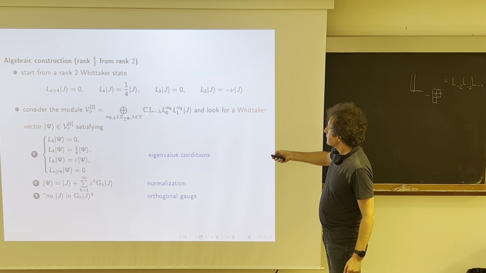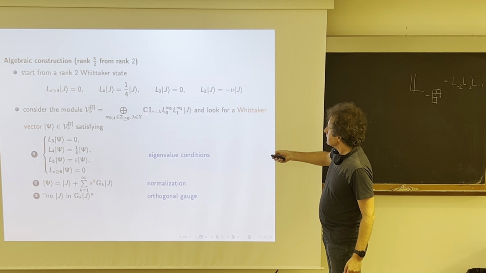There is this epsilon here, and if we have epsilon, this will eventually become the isomonodromic time. If we set epsilon equal to 0, this disappears, and these eigenvalues are the same as we had here for the rank 2 state.